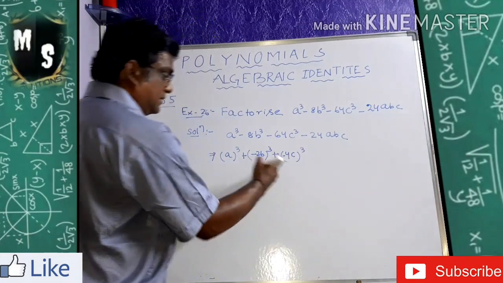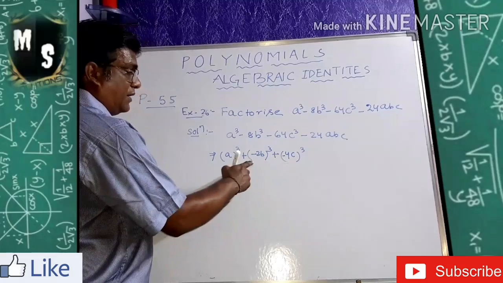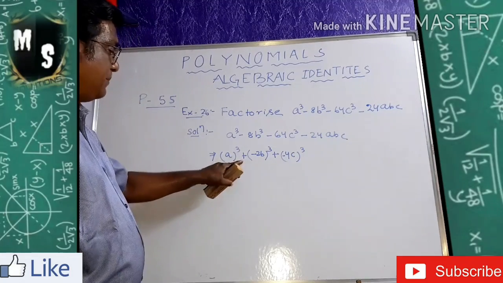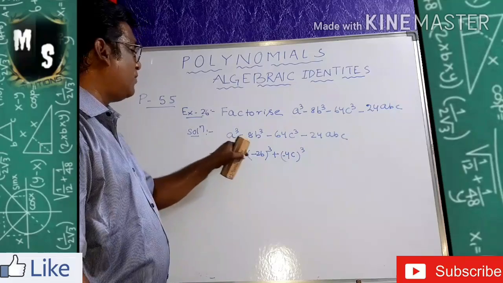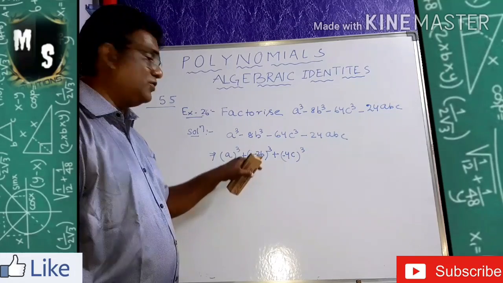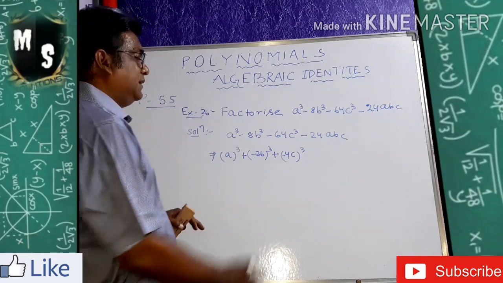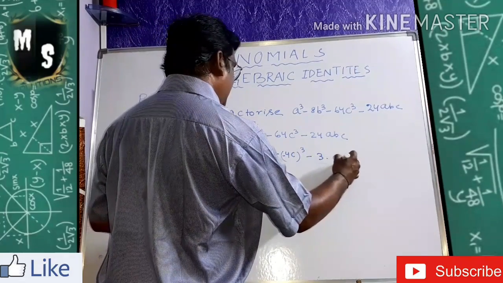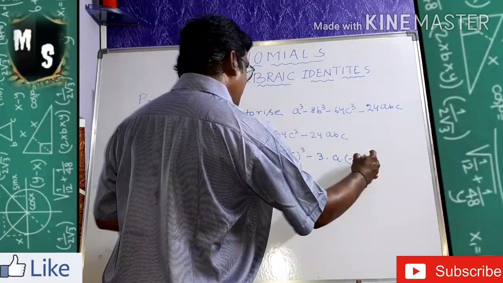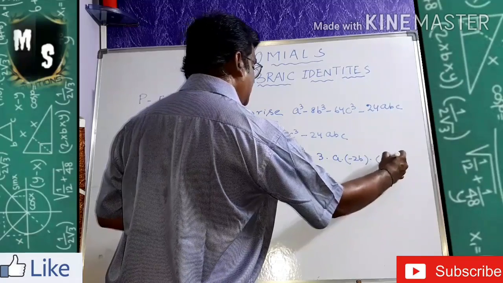This is important. Writing this is important. How I wrote, got it? I need a³ plus b³, so plus I gave and take all the things in bracket, that is (−2b) in bracket. Then (−4c) in bracket. Then it is minus 3 into a into b, where b is (−2b) in bracket, and c is (−4c) in bracket.